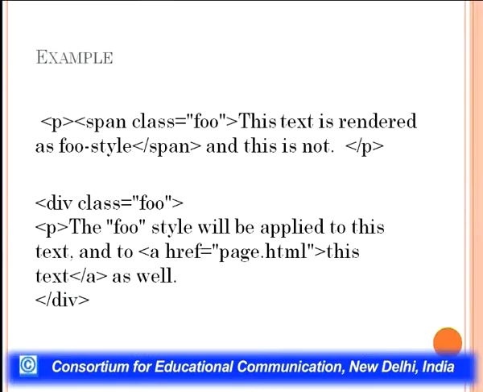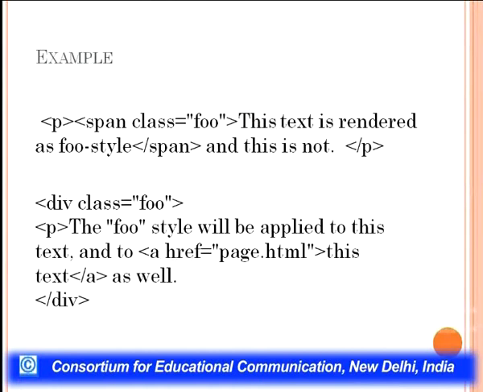How we are going to use this, you can see here in this example, you have P and then you define a span class. You write span class equal to, and you give any name to the class, and you give any text in that, and you close the span, and then you close the paragraph tag also.